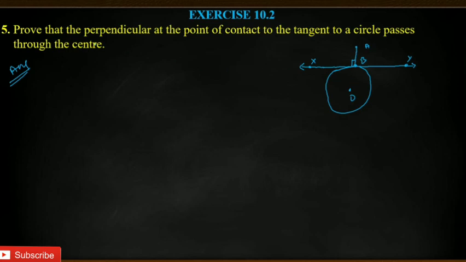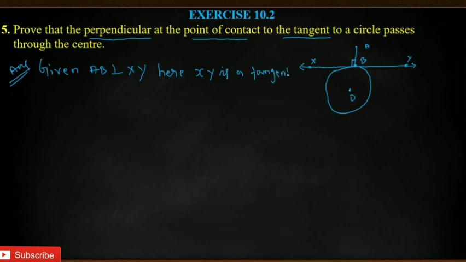That is the given. You write in the given: AB perpendicular to XY, where XY is a tangent.